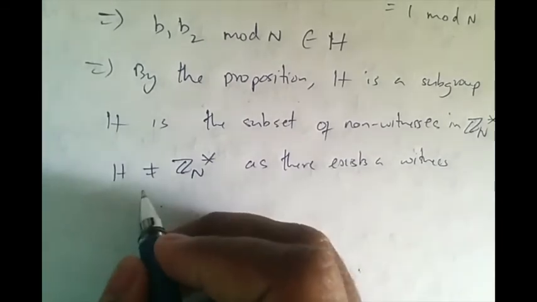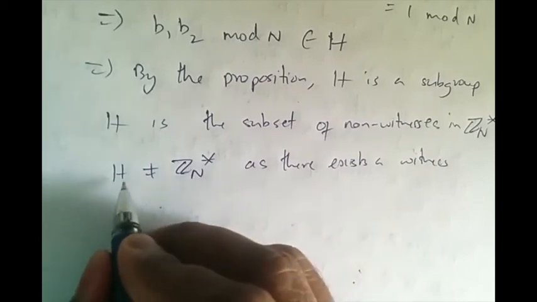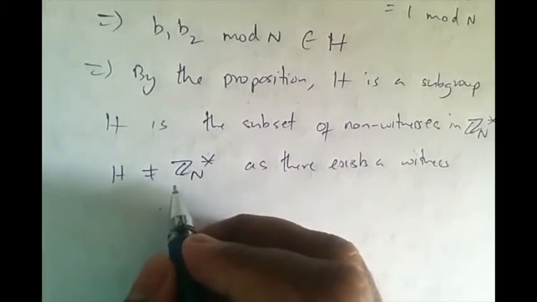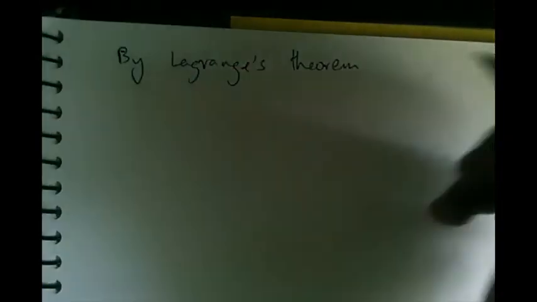And H is a subgroup, which means that the order of H has to divide the order of Zn star, by Lagrange's theorem.